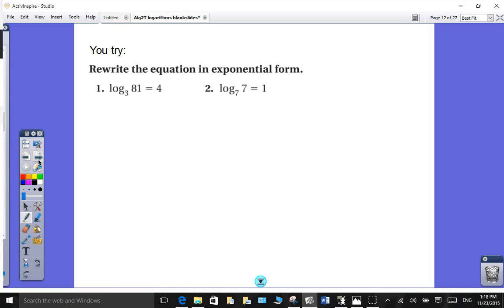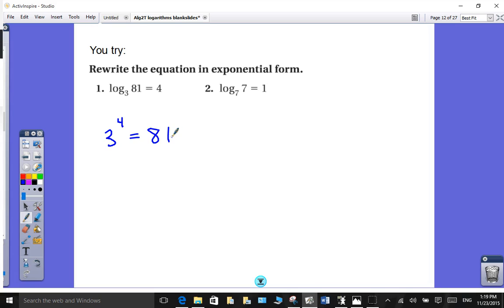So what's the base of the exponential? 3, right? The base of the log equals the base of the exponential. Okay? So what is the exponent of 3? Remember, the logarithm equals the exponent, so 4. And that has to equal 81. When these things are all numbers like that, you can practically just confirm it to yourself. 3 to the 4th is 81, sure enough.